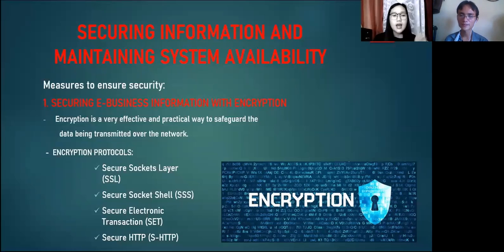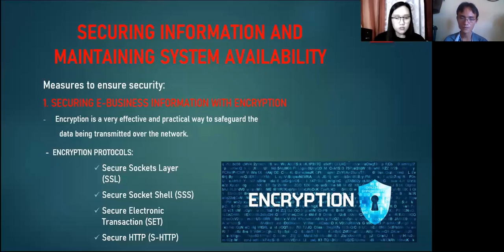While SSH, also known as Secure Shell or Secure Socket Shell, is a network protocol that gives users, particularly system administrators, a secured way to access a computer over an unsecured network.